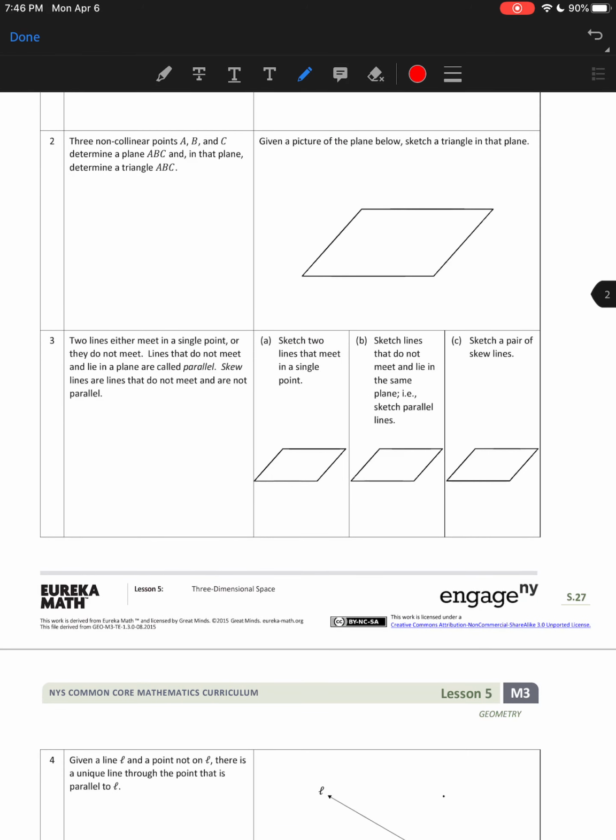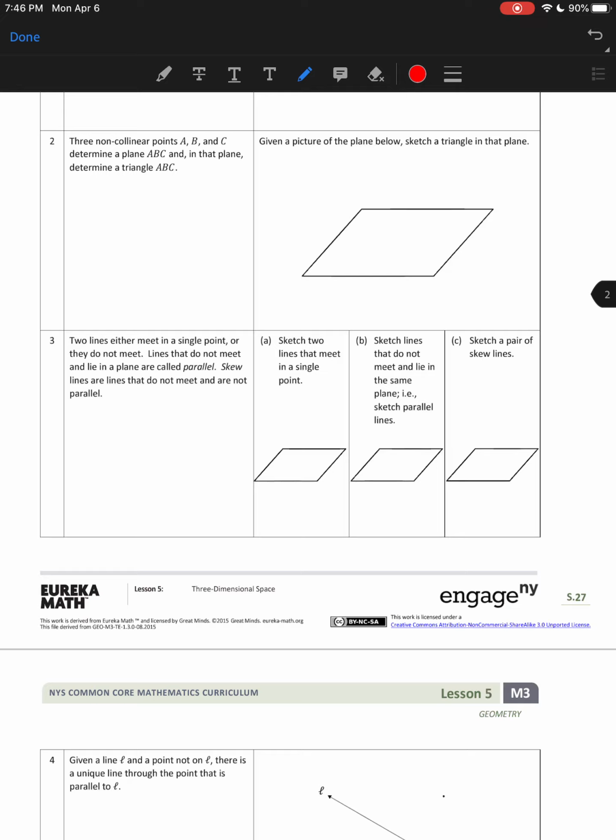It says 3 non-collinear points A, B, and C determine a plane ABC, and in that plane determine a triangle ABC. So what non-collinear means is just that those points A, B, and C don't all fall on the same line, right?